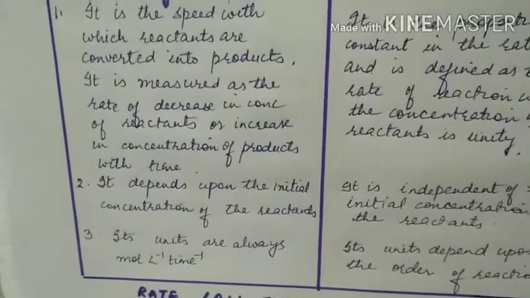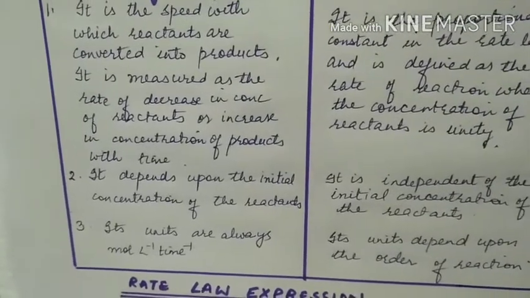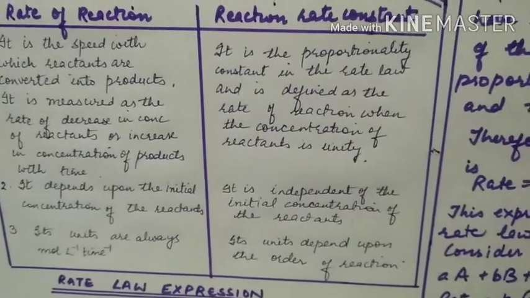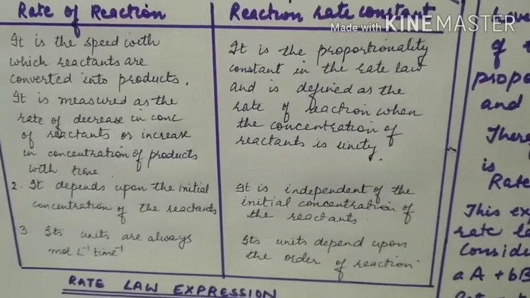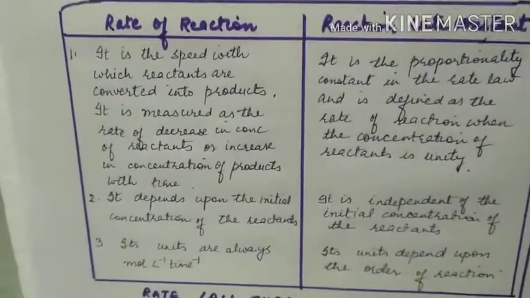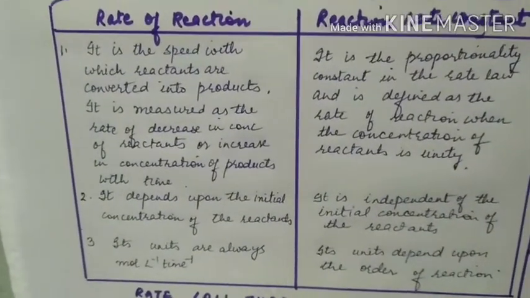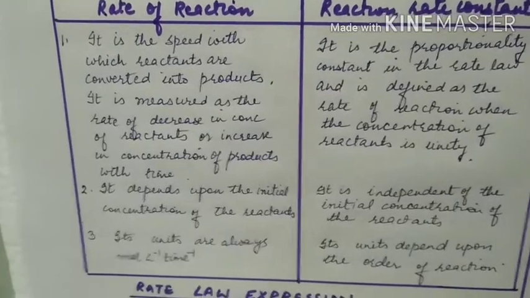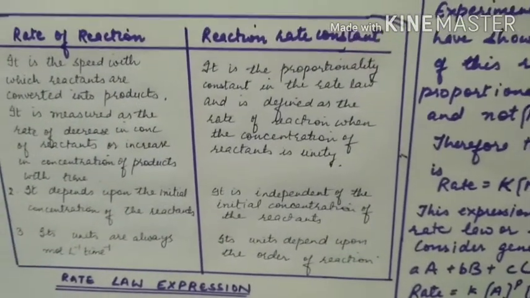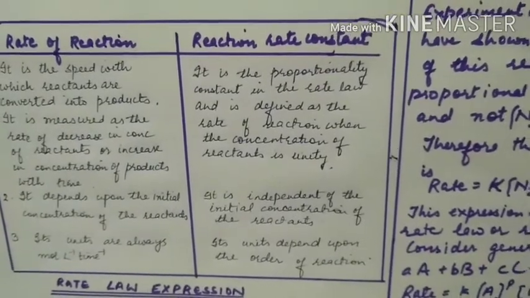The rate depends upon the initial concentration of reactants, whereas the rate constant is independent of the initial concentration of reactants. The unit of rate of reaction is always mole per liter per time. The units of rate constant, as we will see later, depend upon the order of reaction.